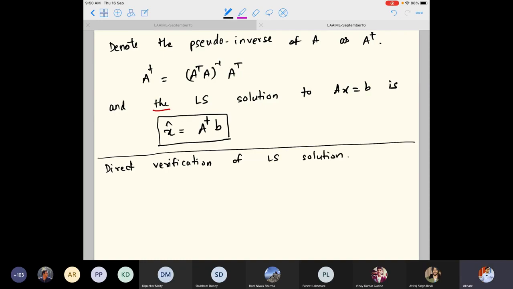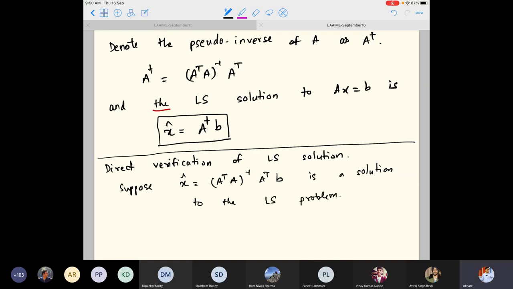So what is the direct verification of the least squares solution? Suppose somebody comes and tells me that x hat equal to A transpose A inverse A transpose B is a solution to the least squares problem.